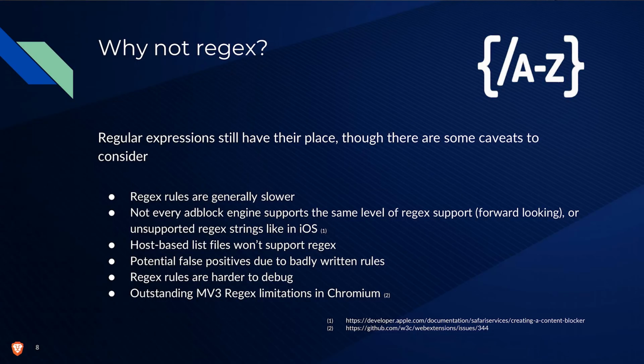And the option is, why not regex? Regex is good, but there are also problems with regex. It's harder for an ad blocker to parse a regex rule than a non-regex rule. iOS has its own regex limitations, and it obviously doesn't support all the regex options available to us, especially in MV3.